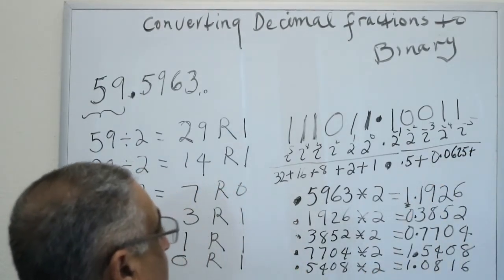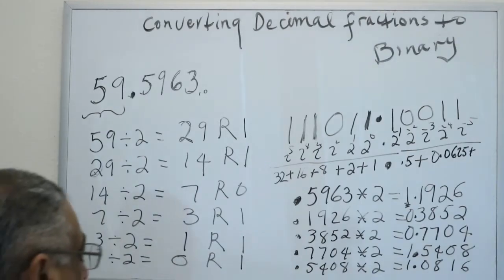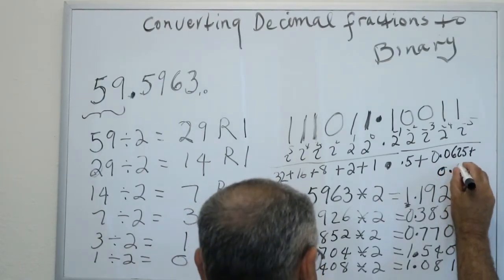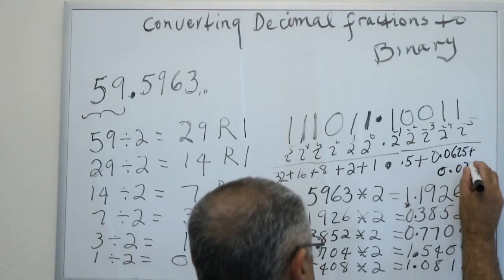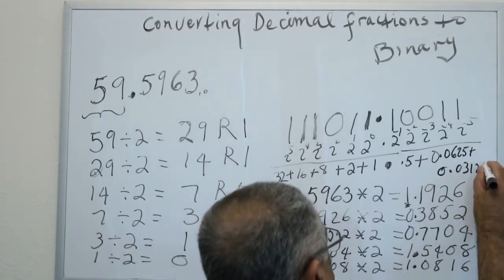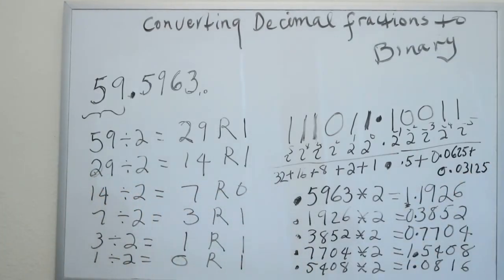Now, 2 to the negative 5 is 1 over 32, that gives me 0.03125. Okay, so let's see how this comes out.